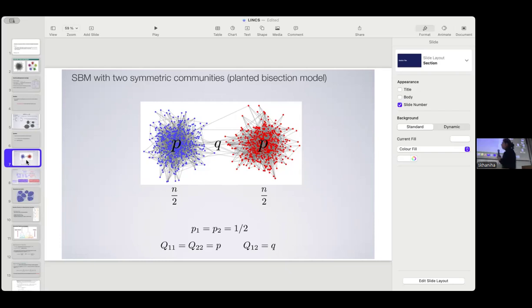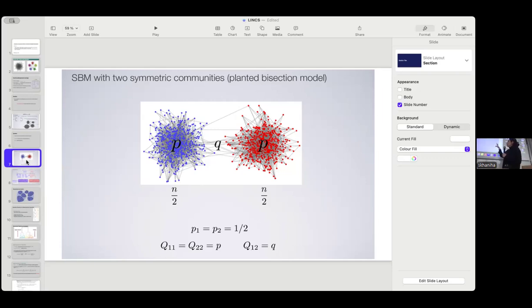The reason I put this here is that we can see which kind of condition could be reasonable for being able to recover the communities. Because if Q and P are equal, we could not detect the communities.